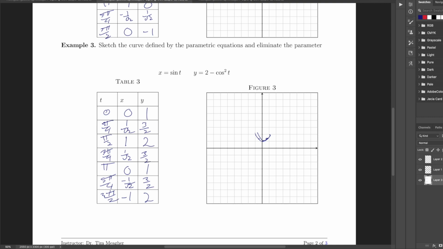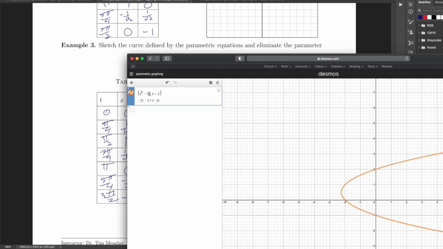Alright, so let's go ahead and grab Desmos. So here we'll just go ahead and type in sine of t. We'll type in 2 minus cosine squared t. And we have exactly what we designed. Okay?